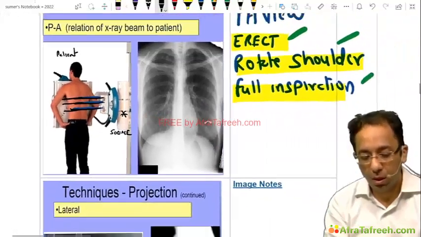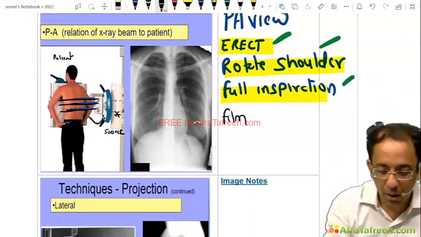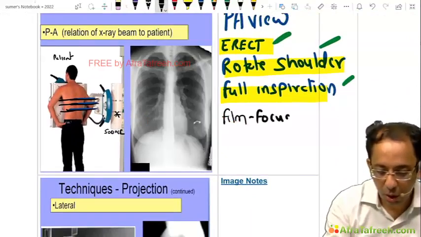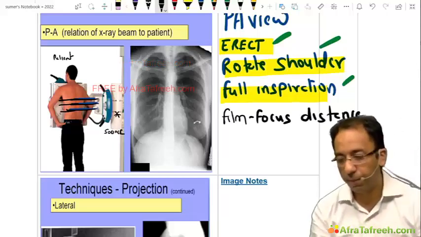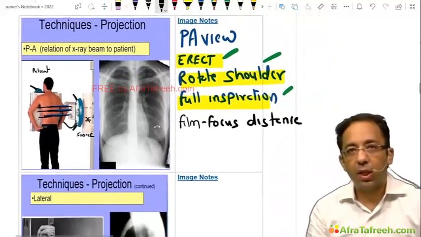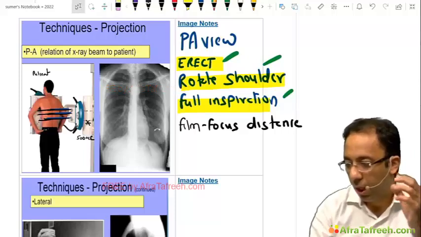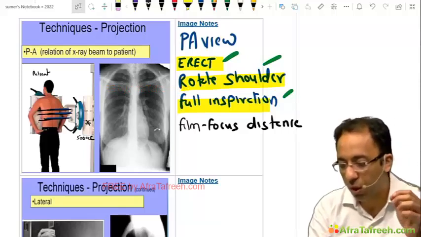The distance between the X-ray film and the source is called the film focus distance.